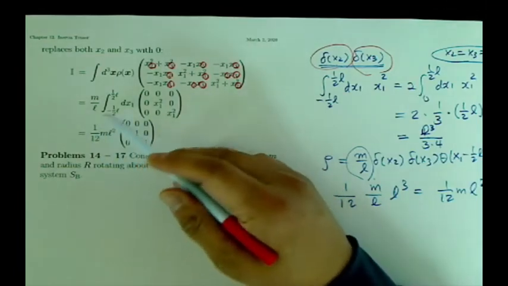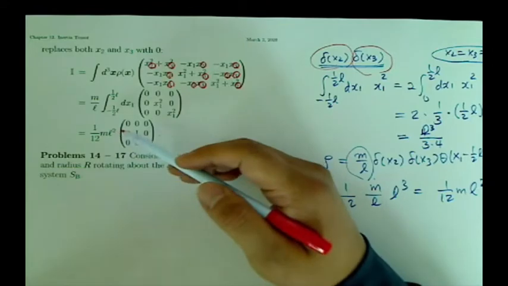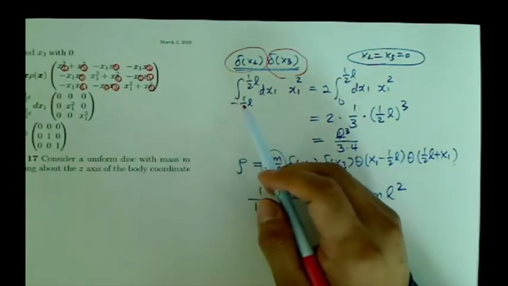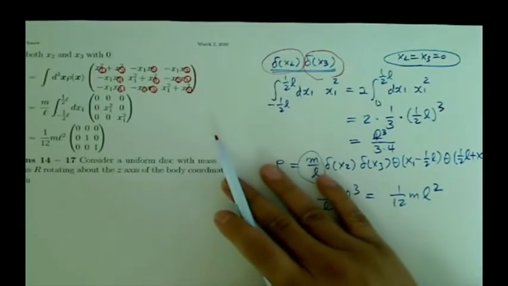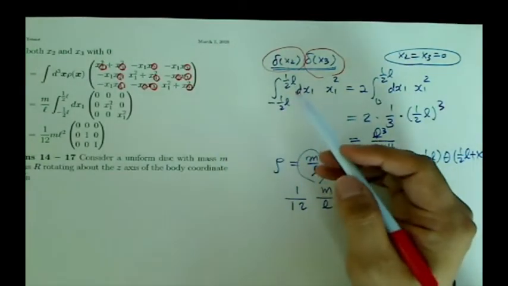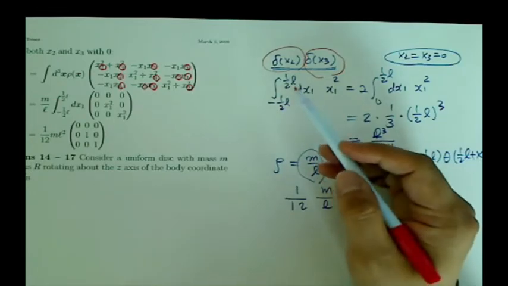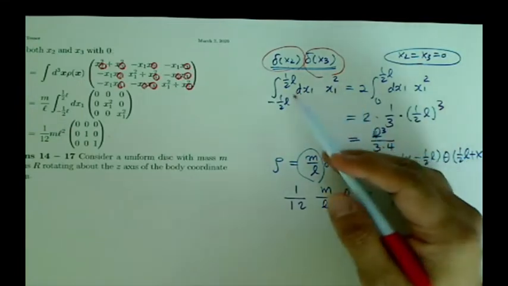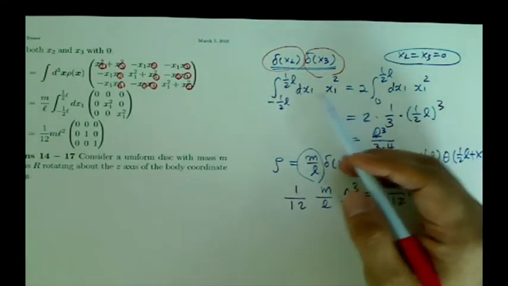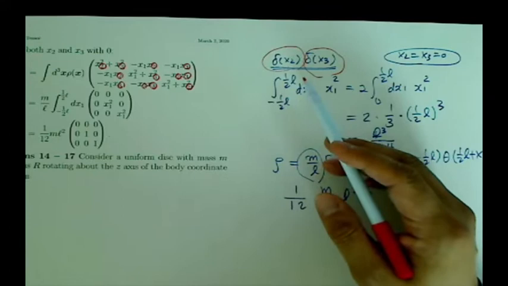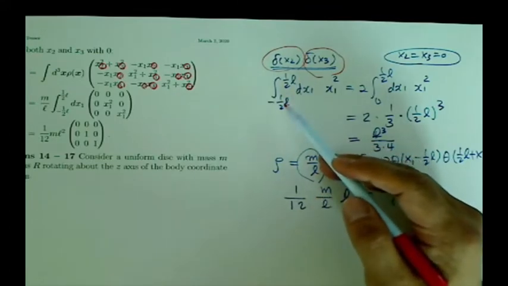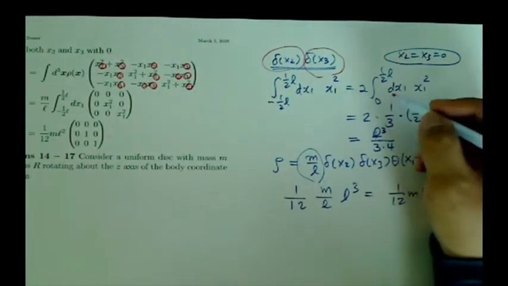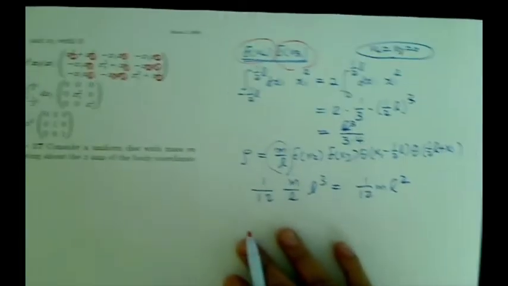And what is the value for that moment of inertia? This integral involves minus 1/2 L to 1/2 L dx1 x1 squared. This is an even function over minus something to plus something, and these are the same in magnitude, so it is double the integral from 0 to something.